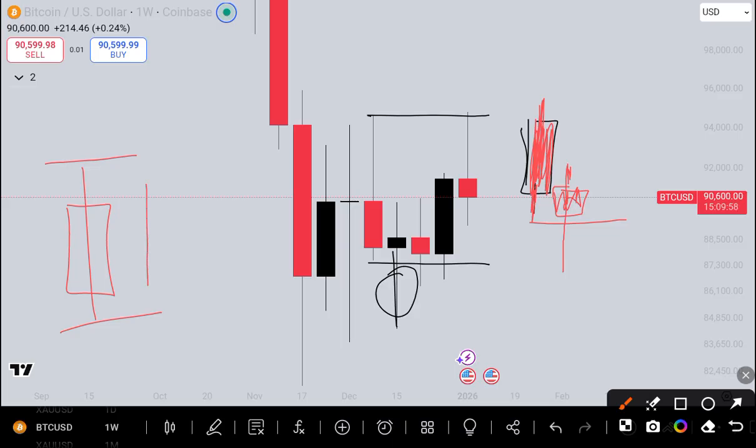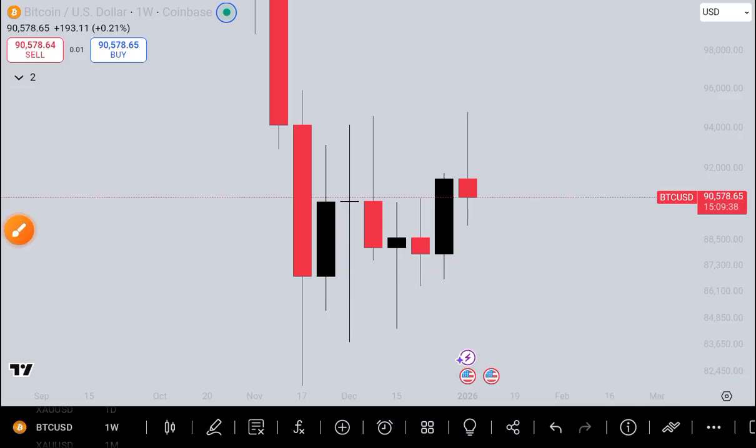So if price mitigates this low and doesn't close below it, instead closing within the range, that is a sign of reversal. We've talked about this countless times. I'm going to continue repeating it for now because this channel is fairly new.